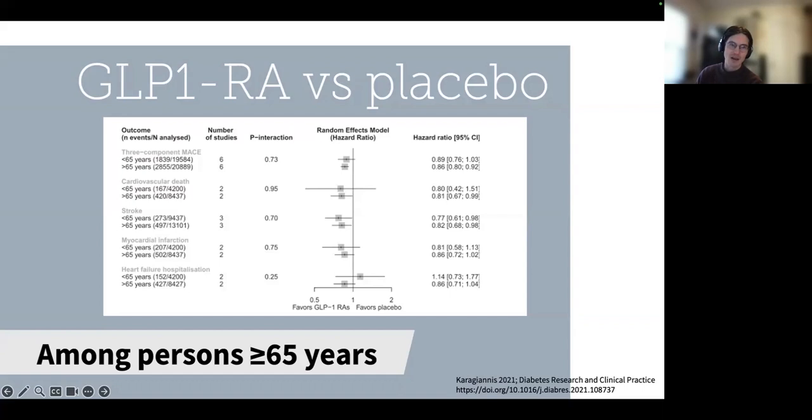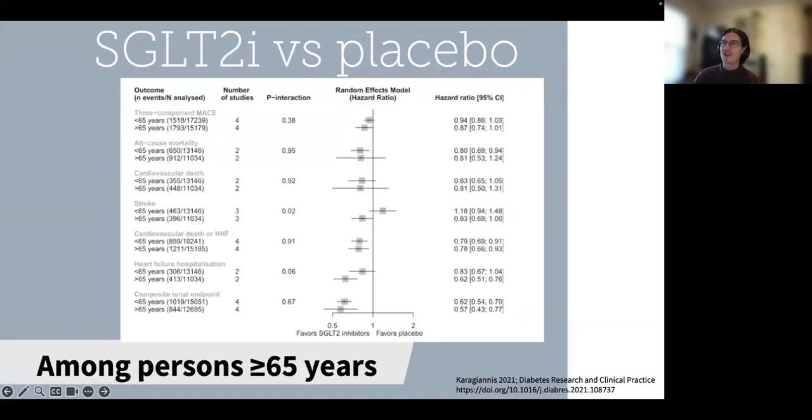And as you can see for these various outcomes on the slide here, these authors are finding that there's no evidence to suggest that there is any difference in efficacy of GLP-1 receptor agonists based on age 65 or older. And then we have a similar figure for SGLT2 inhibitors. And again, we're looking for whether there's any difference in outcomes based on age. And for SGLT2 inhibitors, again, the authors similarly found no difference in efficacy for people 65 or older compared to those who are younger.